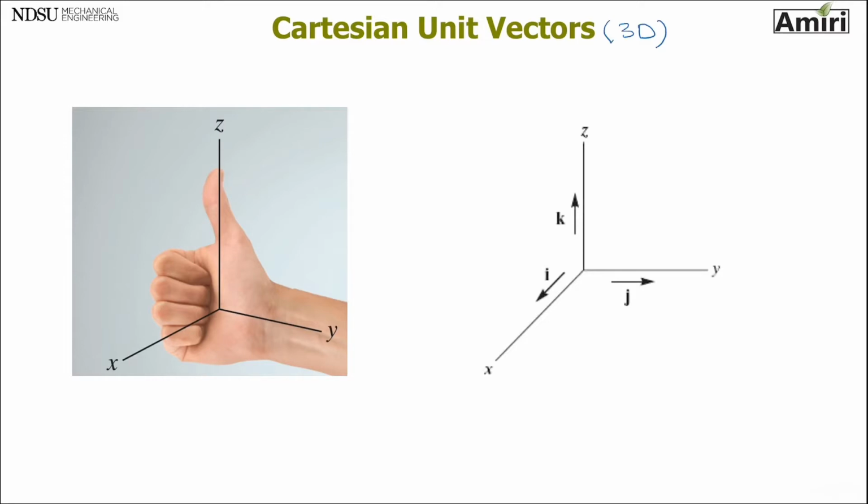So I want to explain two things before we start talking about components and Cartesian vectors. The first thing is the axis that we are using. They're following something called the right-hand rule. And this is the relation of x, y, and z.